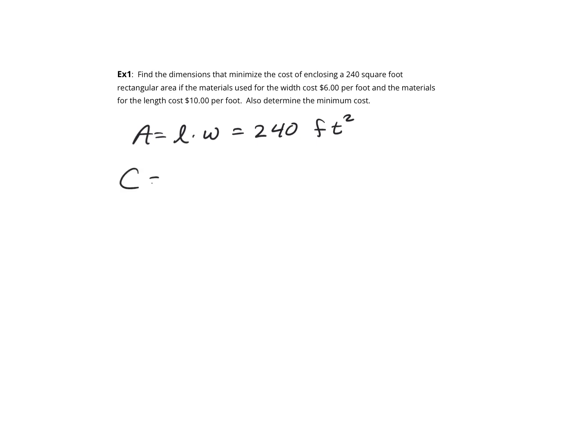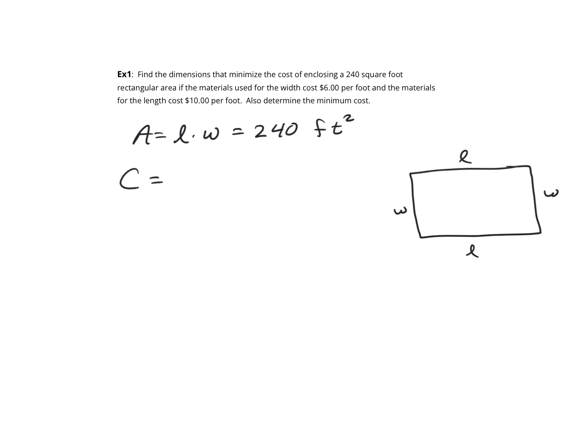Our cost is going to come from building this box. If we think about our rectangular area, we have the length twice and the width twice. Normally the perimeter is the sum of those 4 dimensions, but in this case we're looking at the cost of building out those dimensions.